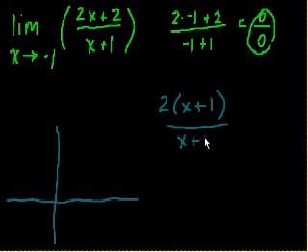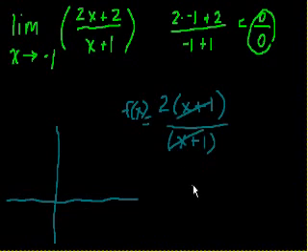x + 1. So as long as this expression and this expression don't equal 0, it actually turns out that this function, let's say that this is f(x), well, for every value other than x equal to -1, you could actually cancel this and this out.